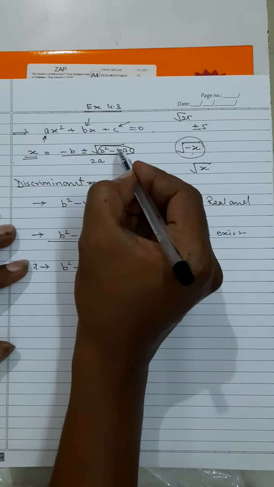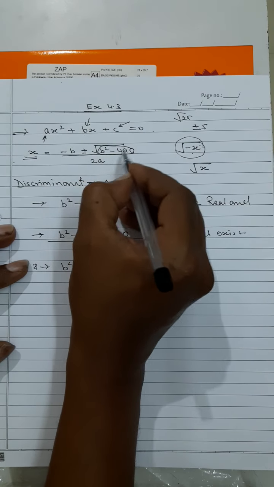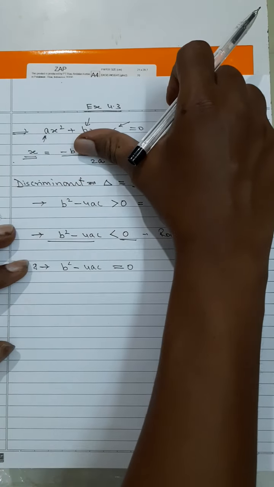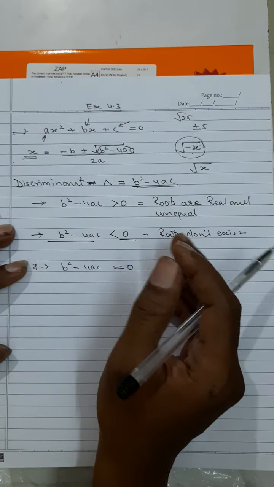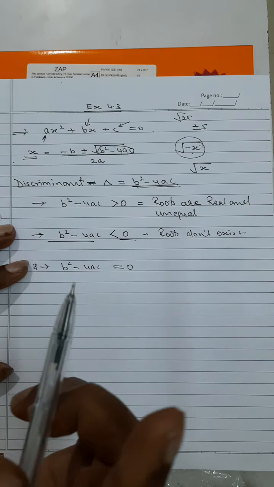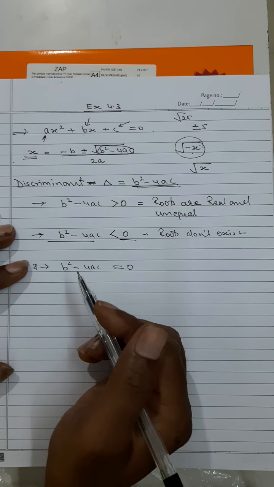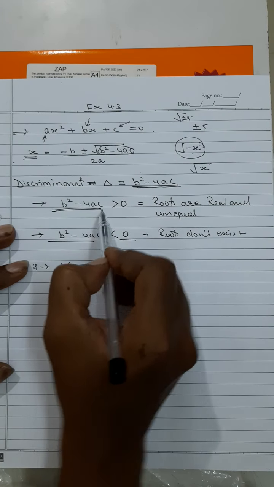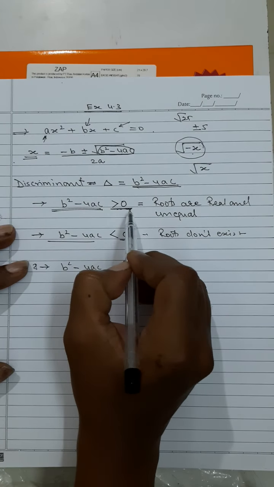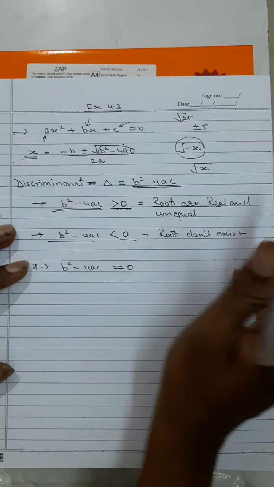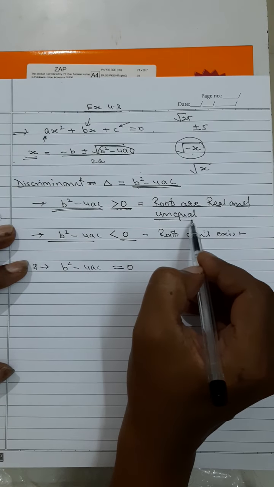Because when this radical is 0, then this whole thing will be 0, and then there will be no more two different numbers. If you solve this, you will get the same roots. So when b square minus 4ac is a positive number greater than 0, roots are real, meaning they definitely exist, and they are unequal.